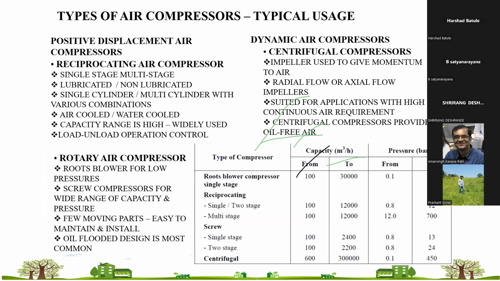The basic difference between both of them is that the positive displacement compressor reduces the volume but increases pressure, and the dynamic or centrifugal compressor increases your output velocity, and by virtue of increased output velocity, the pressure is increased.